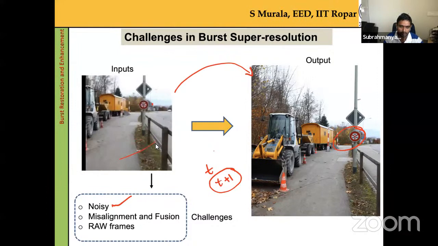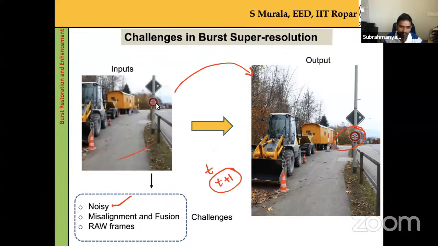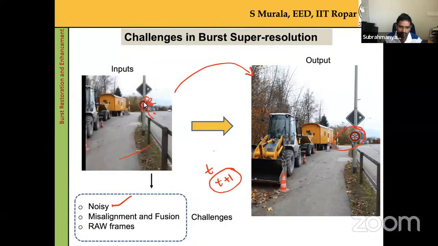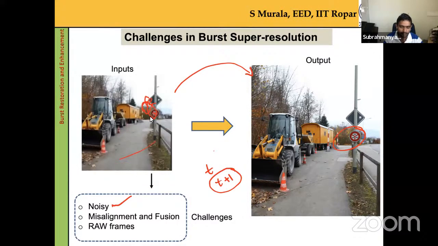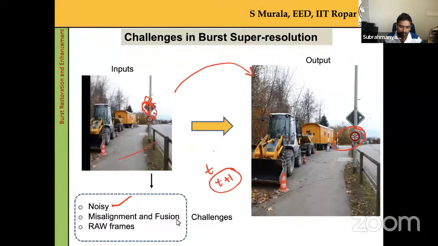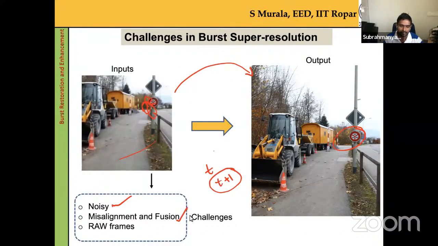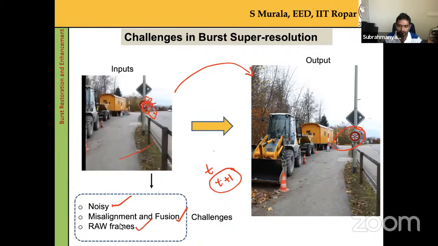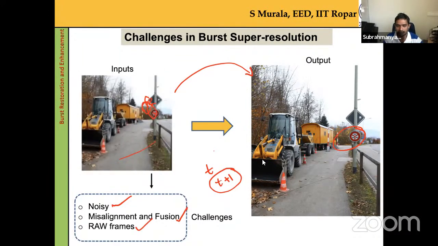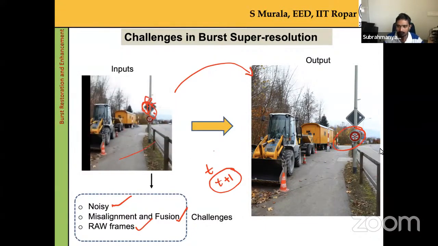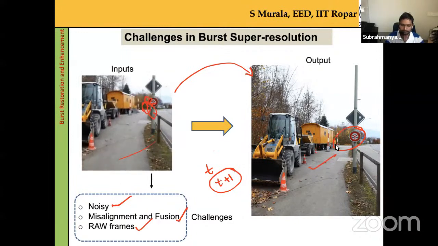If you see 2 consecutive frames, even if I am trying to pick this sign, I am not able to, because there is a large variation. There is a misalignment in the object locations in 2 consecutive frames that needs to be addressed. Then we are taking the raw frames, and using all these frames we are converting this data to a single high resolution image.